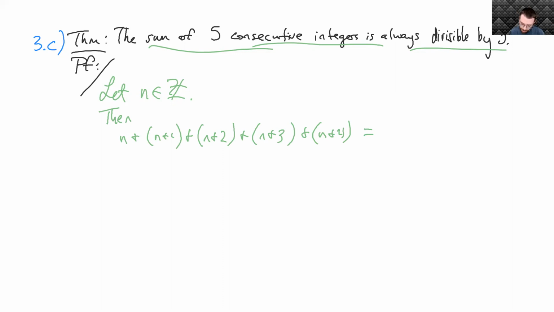Okay, and then I'll add all the n's up. That would be 5n. And then if I add 1, 2, 3, 4, that gives me 10. Simplifying, that's 5 times n plus 2.